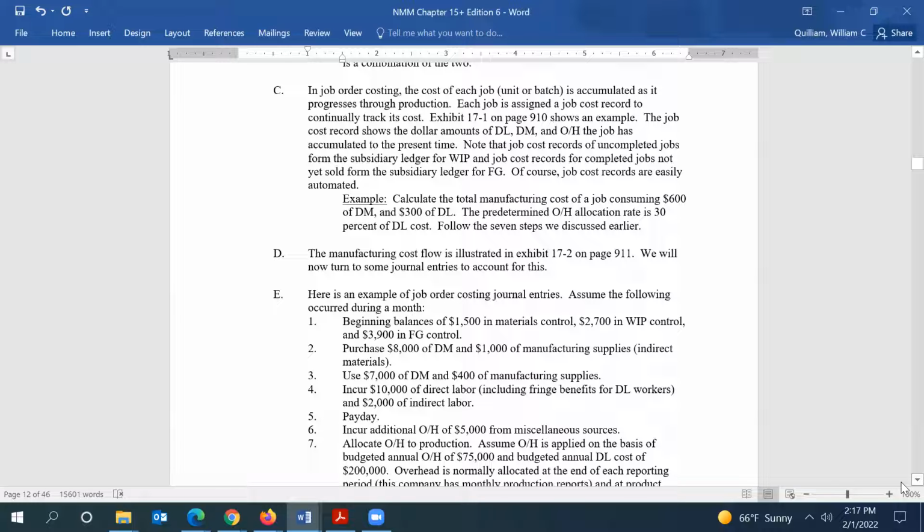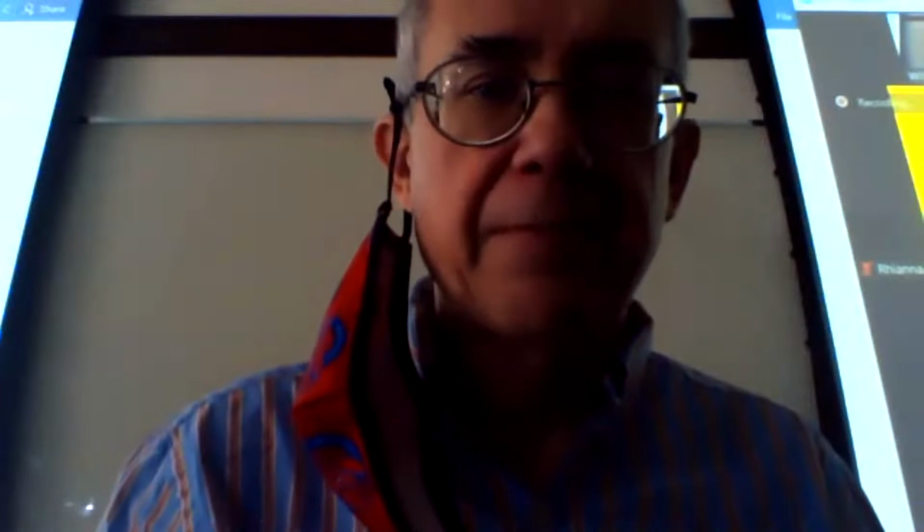So let's take a look at a job cost record, and let me stop sharing for just a minute as I do so. Whoops. All right. Okay.